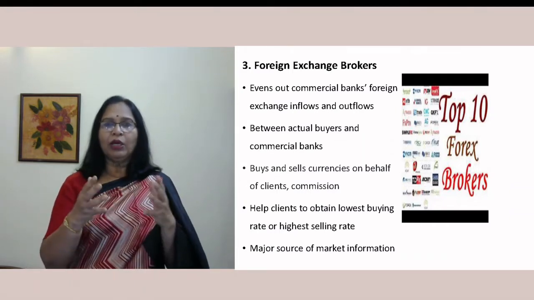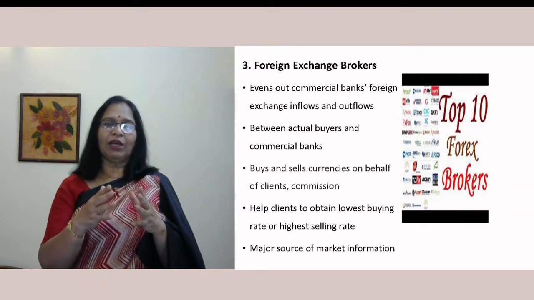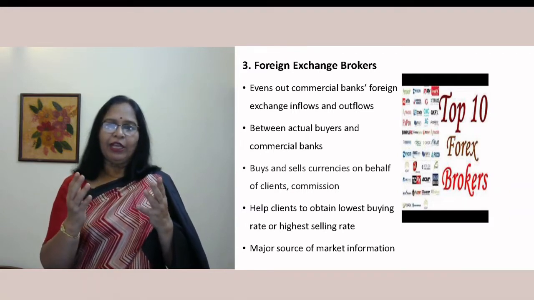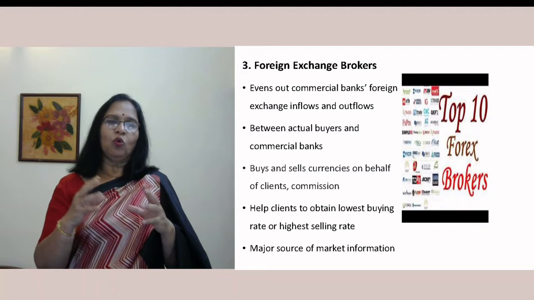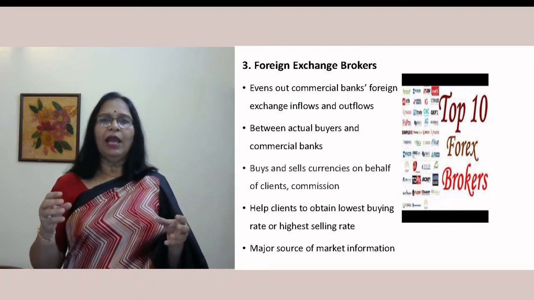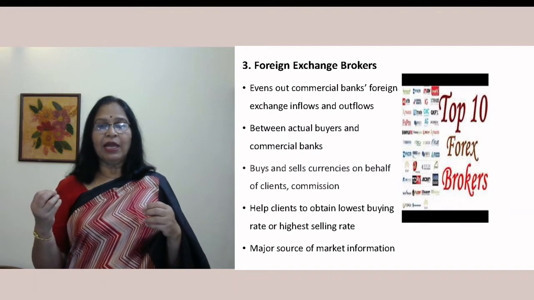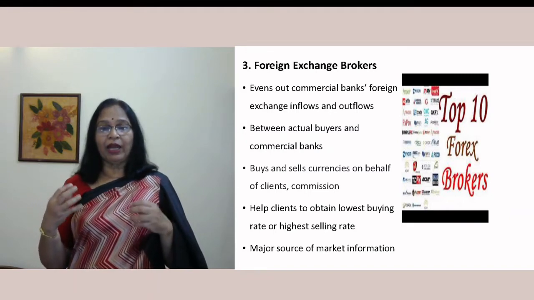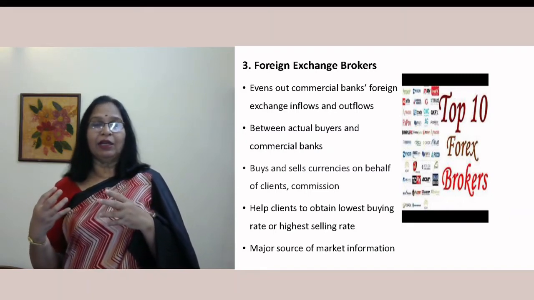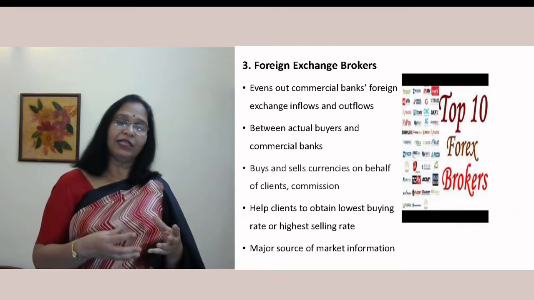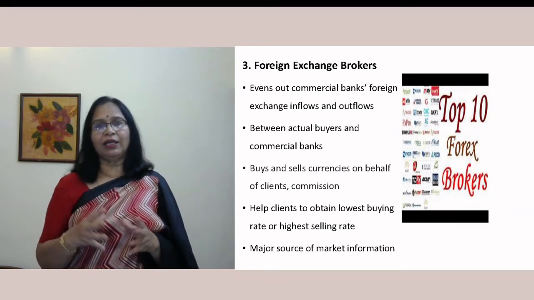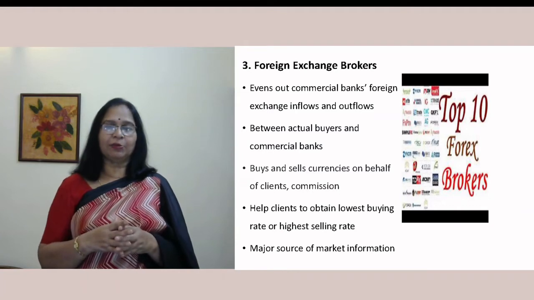So this broker does not actually deal in currency, except that he helps his clients who want to buy or sell. He would help the client obtain the currency at the lowest price when buying and sell it at the highest price. That is what the foreign exchange broker does in this particular market.